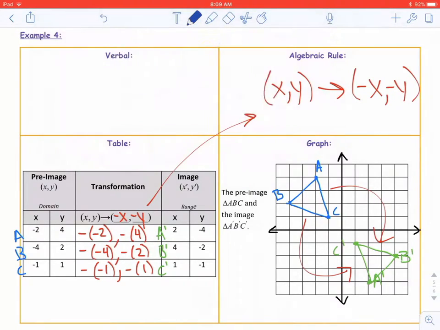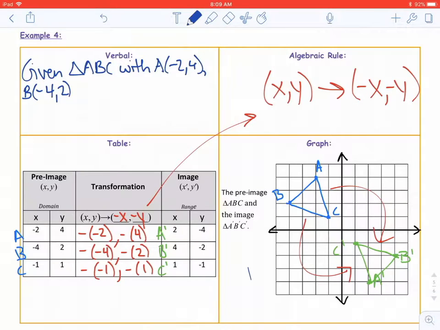Alright, so let's just write out that we were given triangle ABC with A at negative 2, 4, B at negative 4, 2, and C at negative 1, 1.